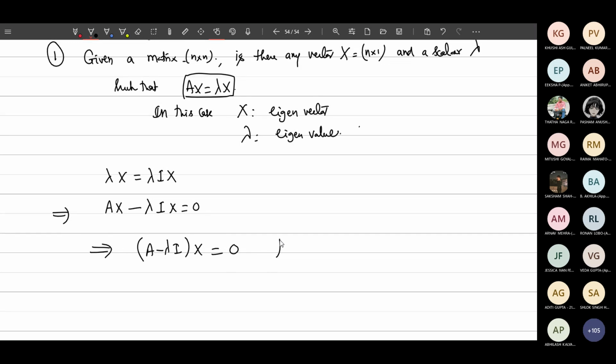So this is a linear system, as in the Gauss elimination I had explained, Ax equal to b. Of course here it is homogeneous because the right side is 0.